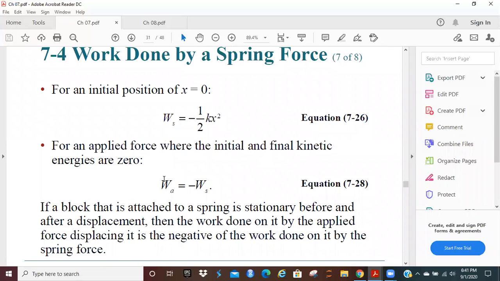So for an initial position of x equal to 0, the work by the spring is going to be 1/2 kx squared, x being the displacement. For an applied force, the initial and final kinetic energies are 0. Then the work done by the applied force is going to be equal to minus the work done by the spring.